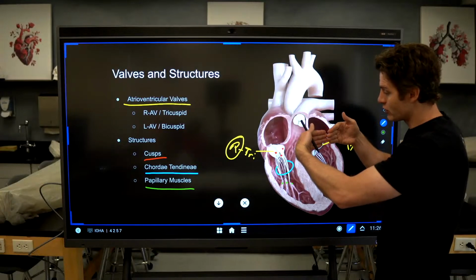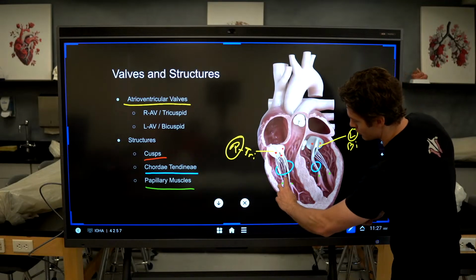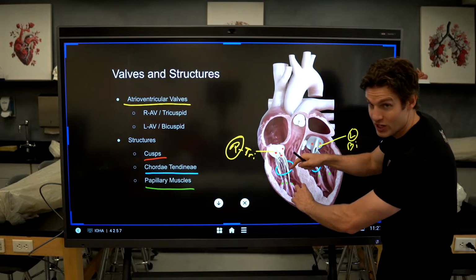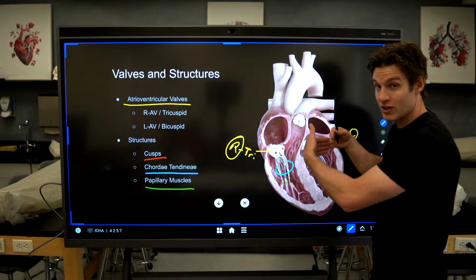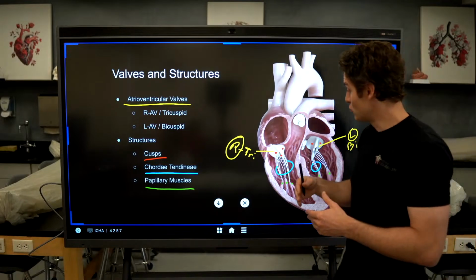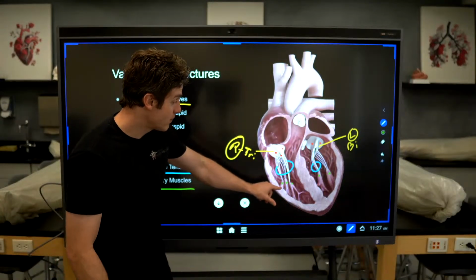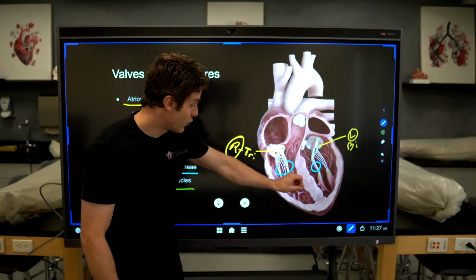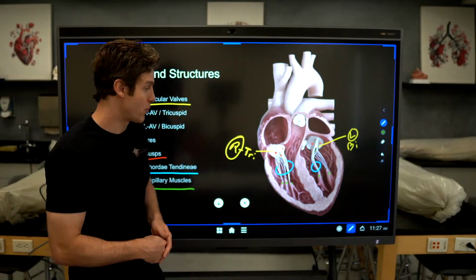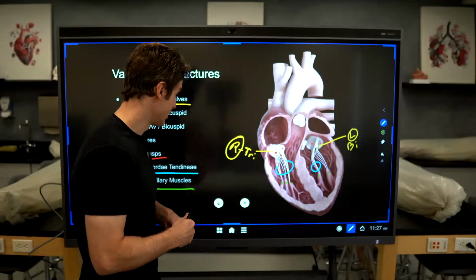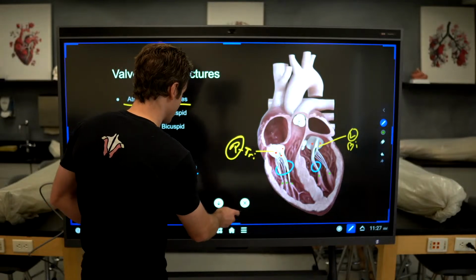But as the valve gets pushed further back, those papillary muscles contract and squeeze and put more tension on the chordae tendineae, and therefore keep the cusps from flopping back the other way. Super sophisticated and really cool valves that can pull and contract harder, because as the heart contracts more forcefully, there's more pressure in the heart, so the papillary muscles have to contract more forcefully. Hopefully that gives you a good idea of how those atrioventricular valves work.